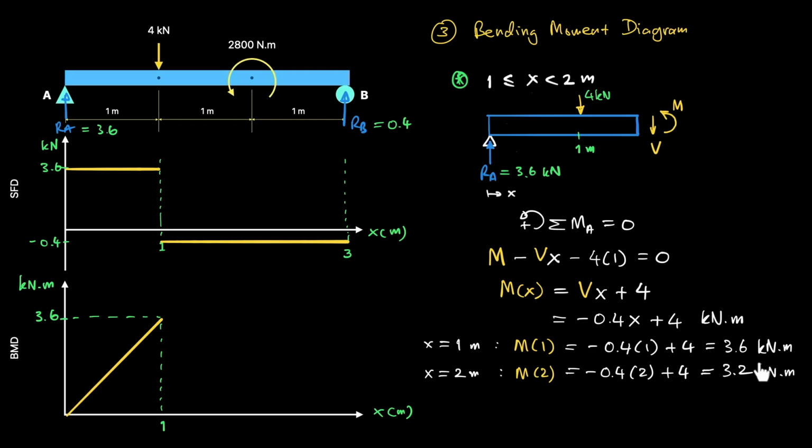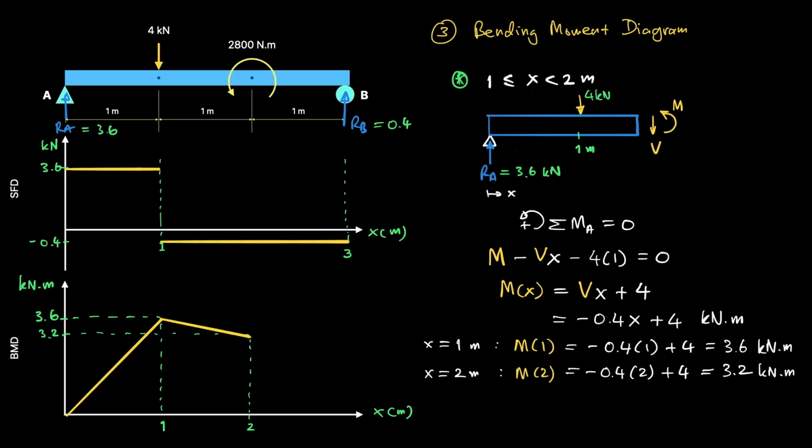So let's put these on our bending moment diagram. At 2 meters, it is 3.2 kilonewtons meter, so it is somewhere here. And so the graph will go down linearly from 3.6 to 3.2 kilonewtons meter. From this bending moment plot, we can obtain our second answer, which is at 1.5 meters.